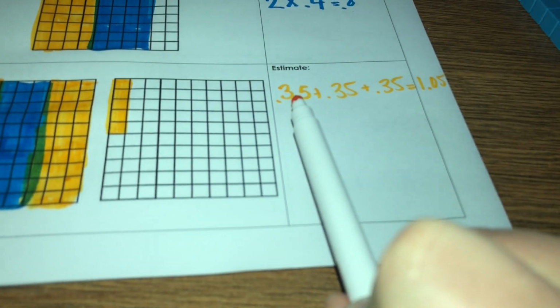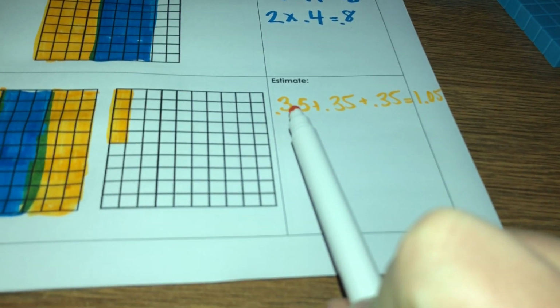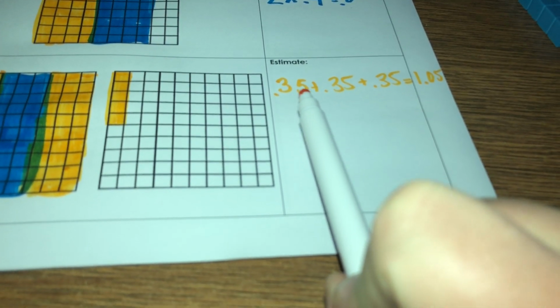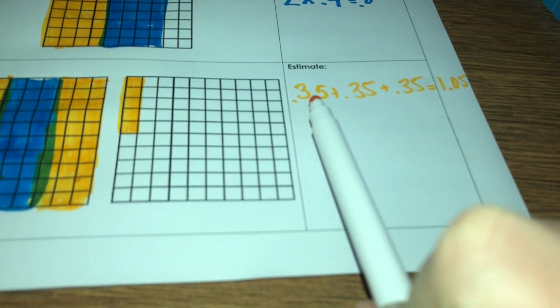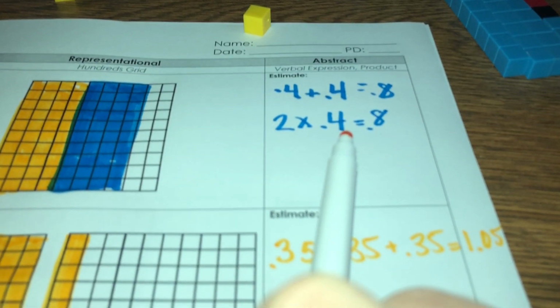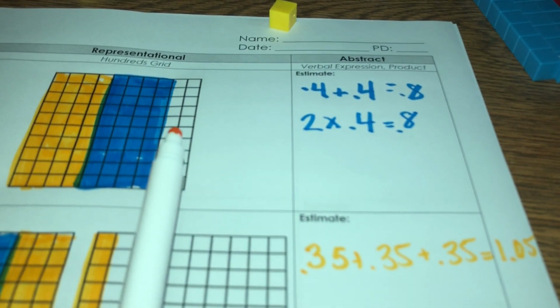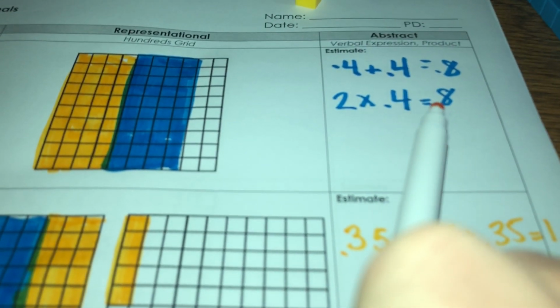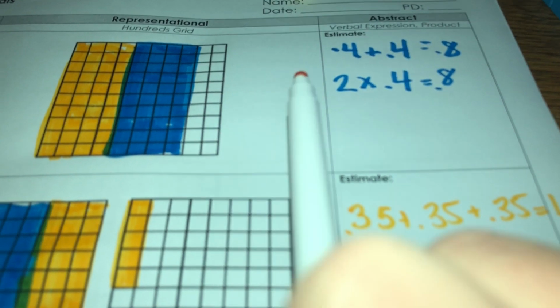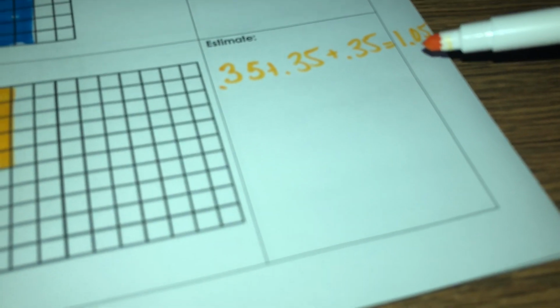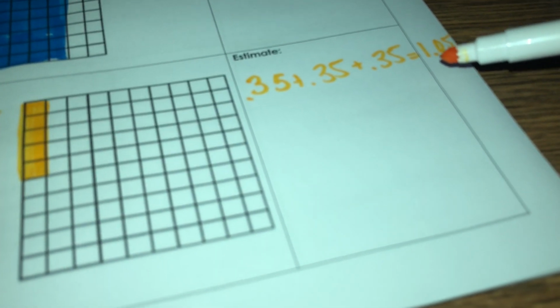If we were to estimate 3,500ths, remember we round up when we see a 5, right? It is closer to 4/10. Well, 3 groups of 4/10, well, that's just like what we had here, right? Almost. If we had another 4/10 to this, we would have over a whole, right? 1 whole and another 2/10. So is our answer around 1 whole and 2/10?